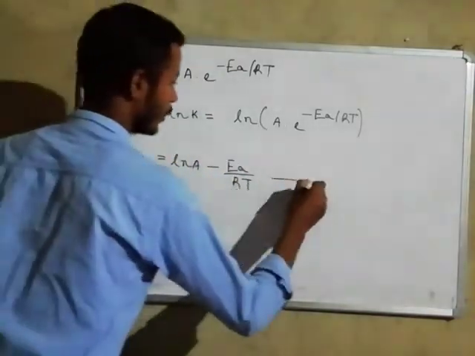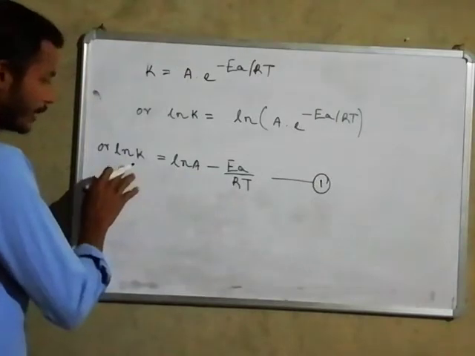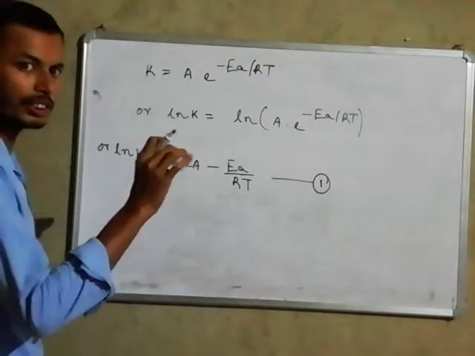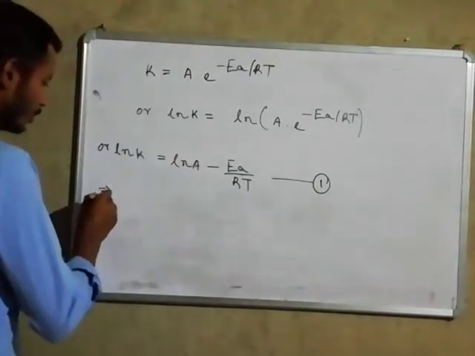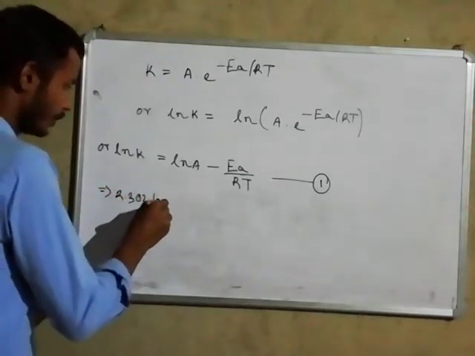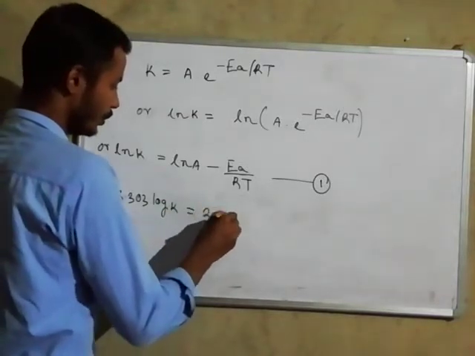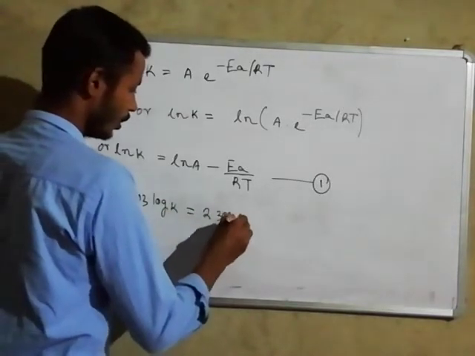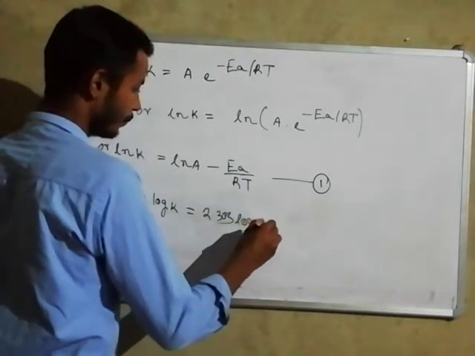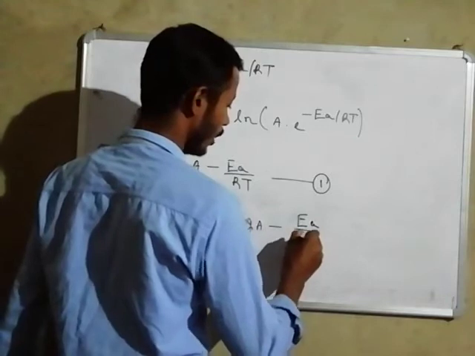So this is equation number 1. Or now, ln is equal to 2.303 log. That is, 2.303 log of K is equal to 2.303 log of A minus EA by RT.